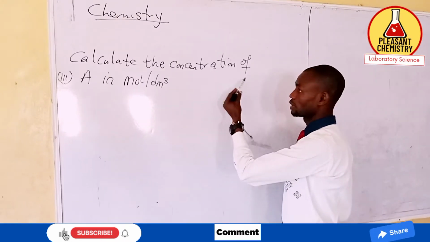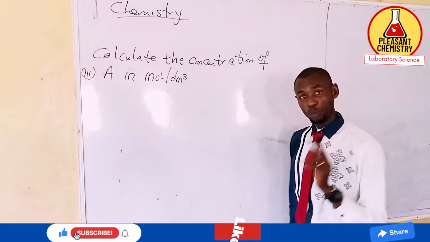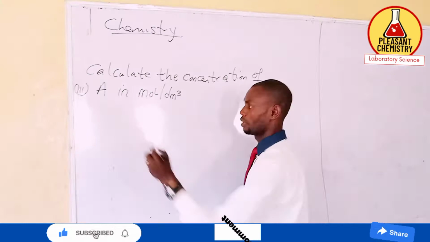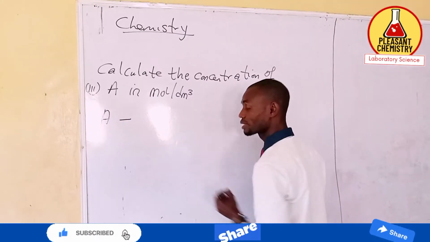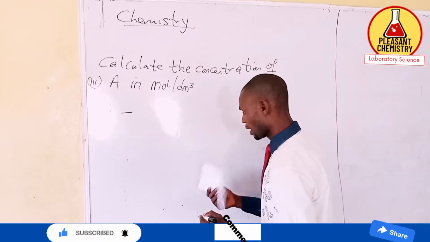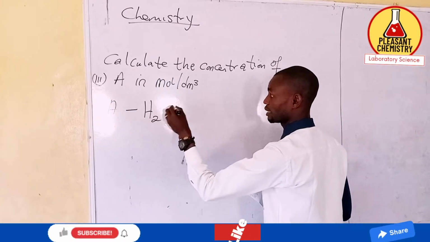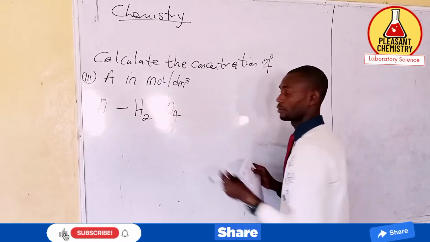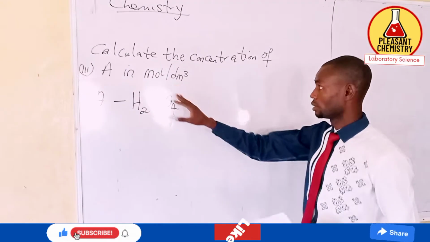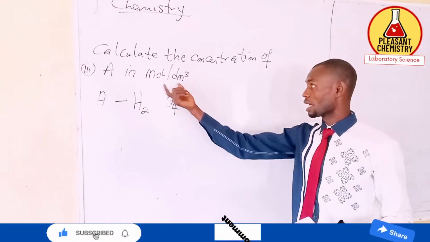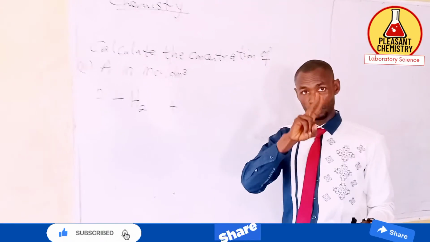Calculate the concentration of A in mole per dm cube. And remember, our A is what? Our A is H2SO4, tetraoxosulfuric acid. And I said earlier, if you are calculating molarity, you can use 2 formulas.